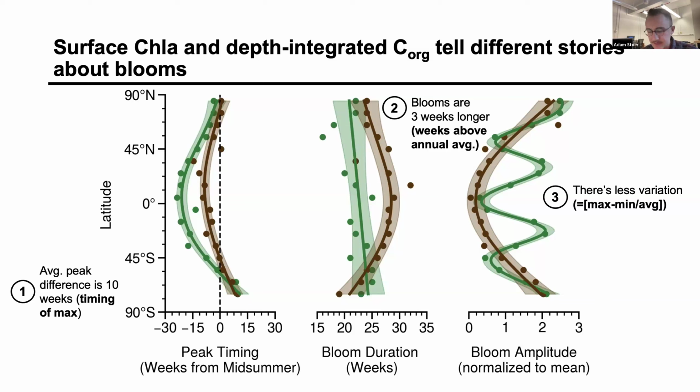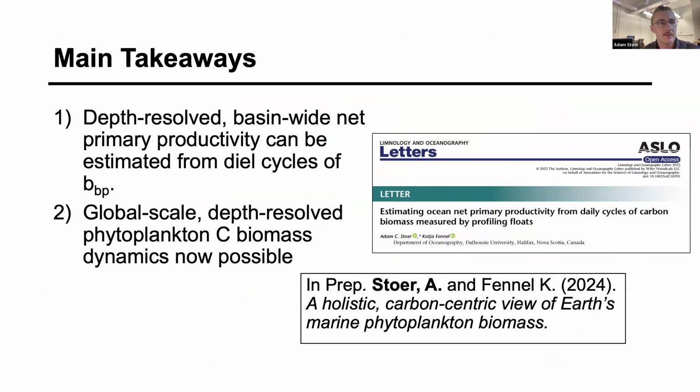And that's not entirely a surprising result, but there's a lot of good work that's been done talking about these chlorophyll to carbon ratios. But it's an important thing to show with this BGC Argo database, because effectively we can monitor depth resolved phytoplankton carbon at a global scale now. And this will help improve our understanding of phytoplankton dynamics.